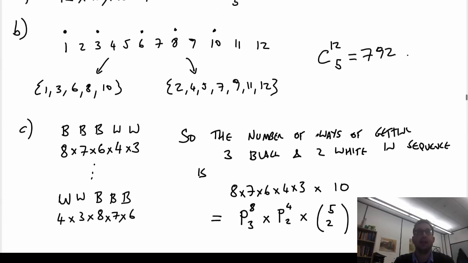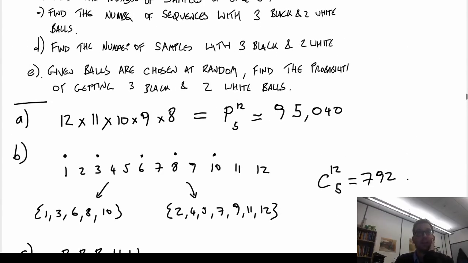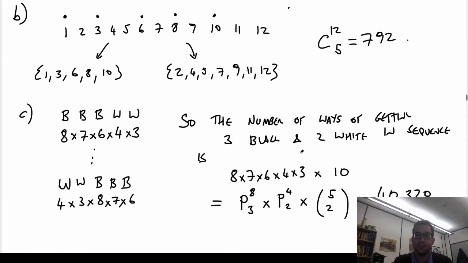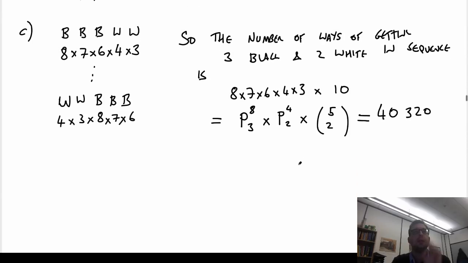Right, now let's do the same question, but now we're going to do it for combinations. Actually, it's a little bit easier in this case. So find the number of samples that I can take where there's 3 black balls and 2 white balls. So let's think about it again.